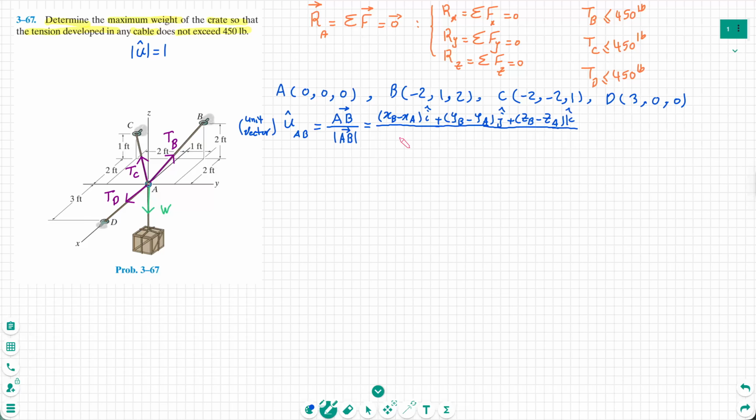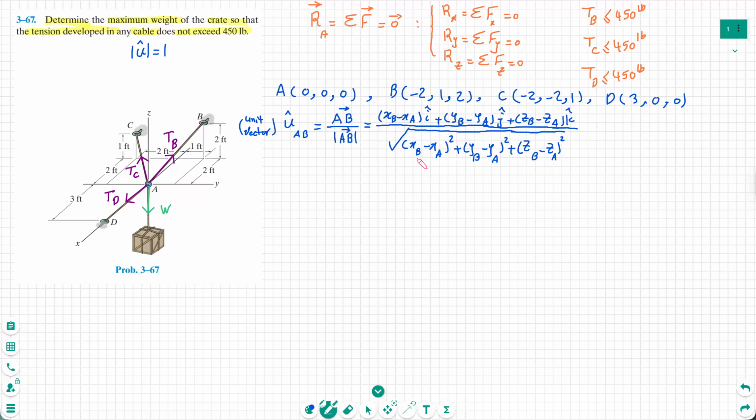And then it is the vector of AB, and then divide by the root. For the root, I can use this formula: xb minus xa squared plus yb minus ya squared plus zb minus za squared.